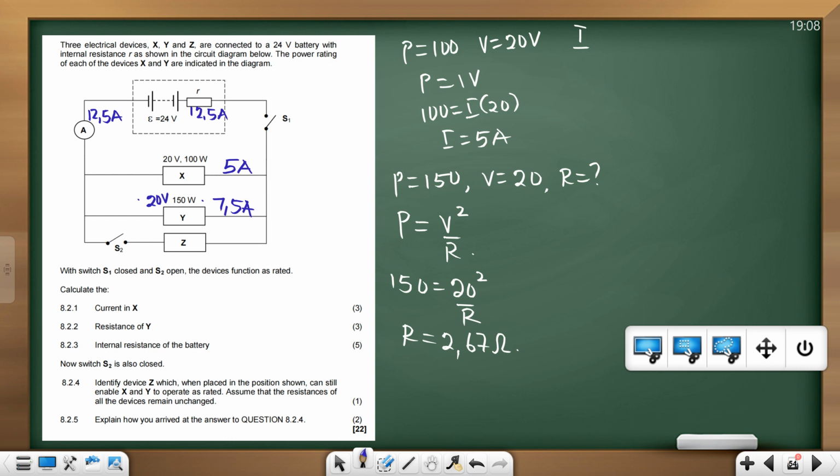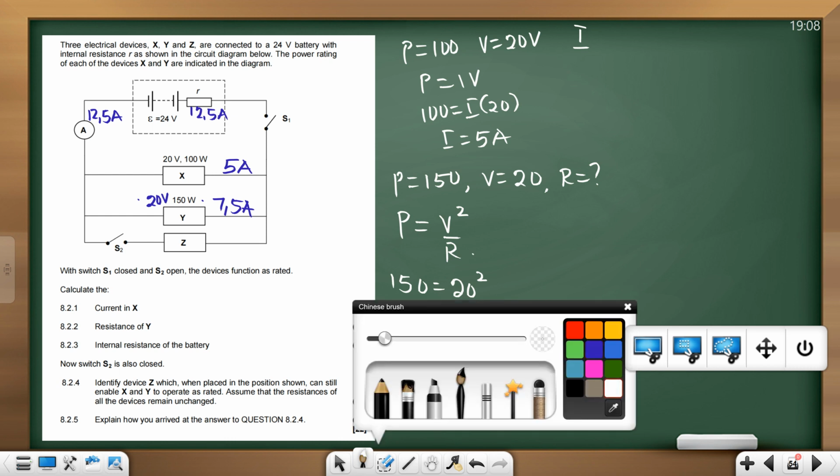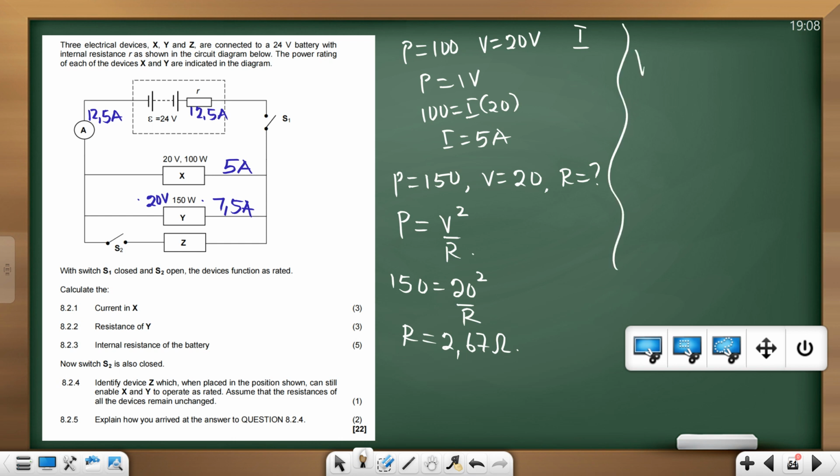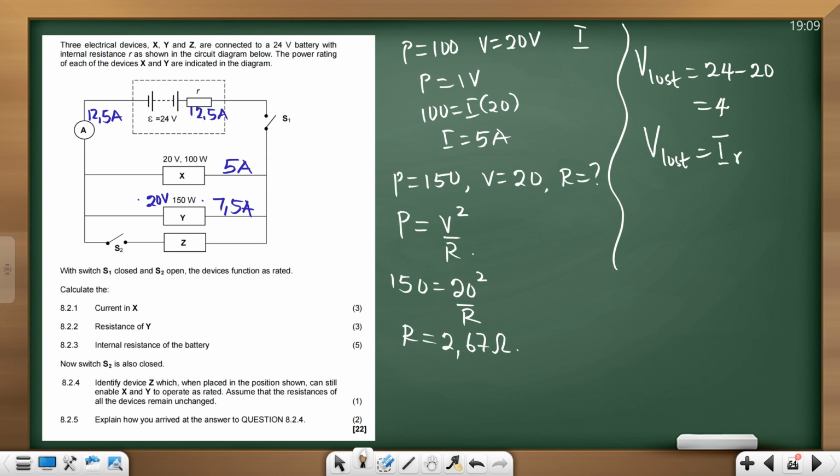That's our lost volt. What is our lost volt? 4. Please show the calculation. 24 minus 20, which is what? 4. But I know that V lost is equal to I multiplied by what? Small letter r. Do I know my V lost? 4.